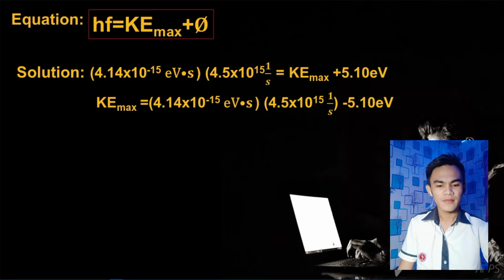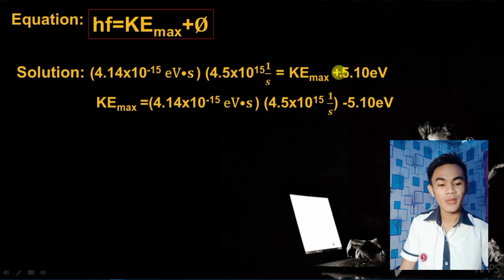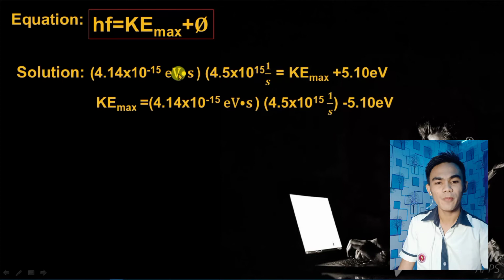In order to find the maximum kinetic energy, let's transpose the 5.10 electron volts to the left side. From positive, it becomes negative.